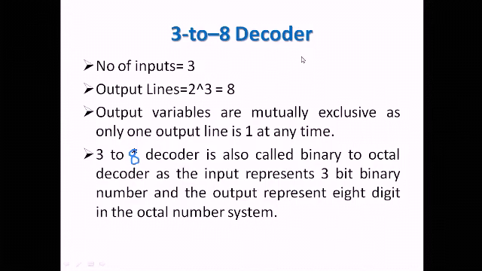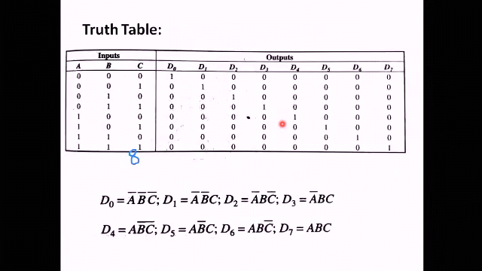I hope it is clear to all of you, all these input lines and output lines. So moving to the next slide, we will be drawing the truth table and also the individual expressions of D0, D1, that is the output lines, and also the logic circuit in the case of a 3 to 8 decoder or binary to octal decoder.